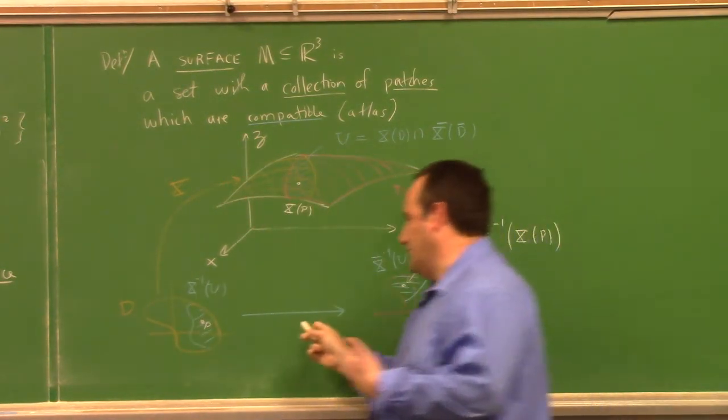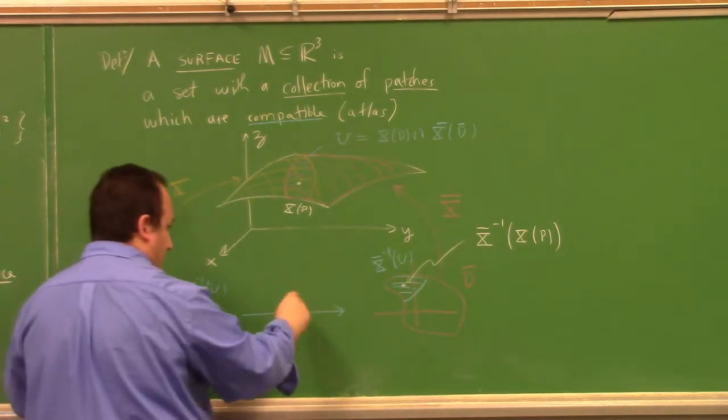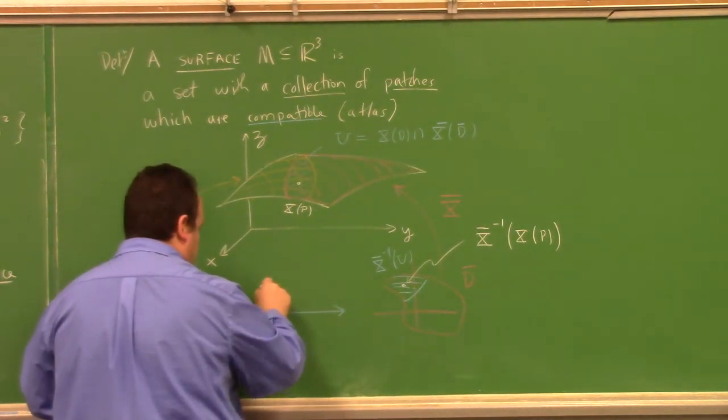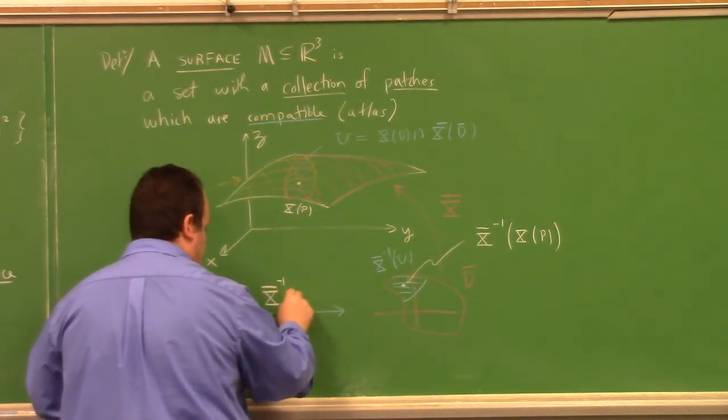In other words, the natural map to look at down here is x bar inverse composed with x.